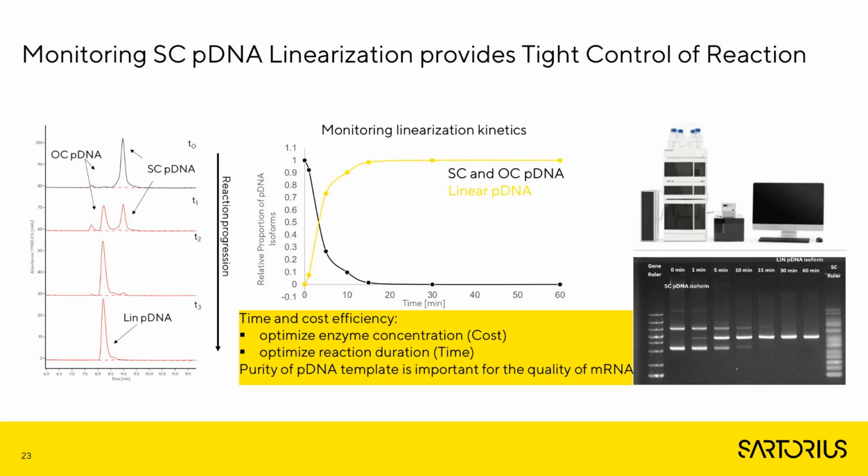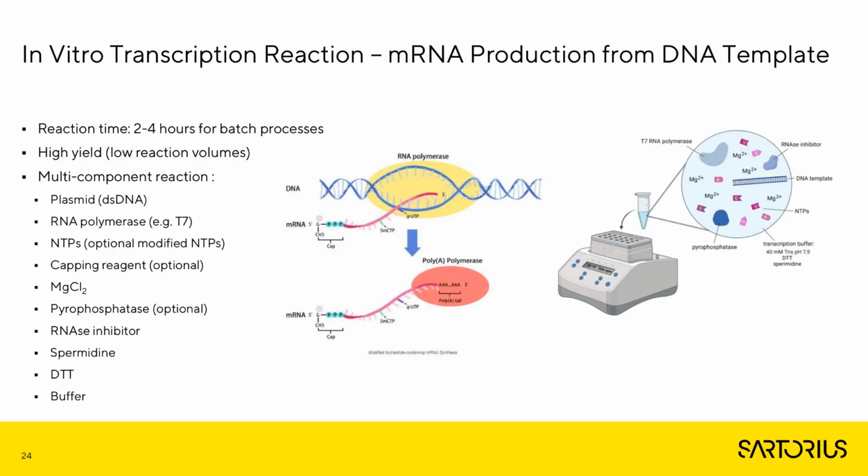And I do need to eventually hand you over to Tristan, but I would still like to cover a few important things about how we now turn this DNA template into mRNA. I don't have time today to talk about the IVT reaction, other than it's a complex, multi-component, but cell-free reaction that turns DNA into RNA.